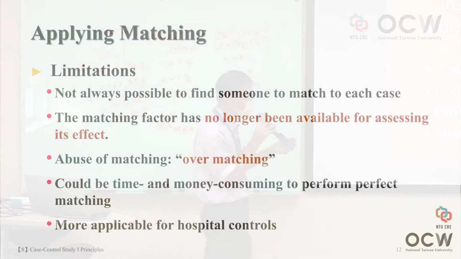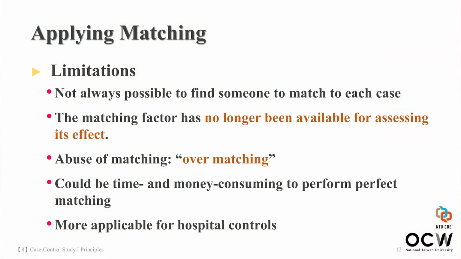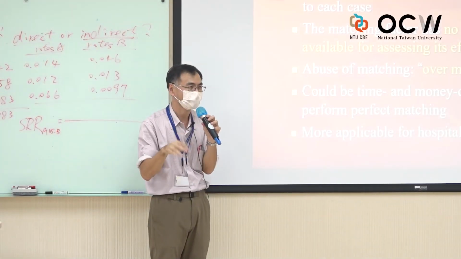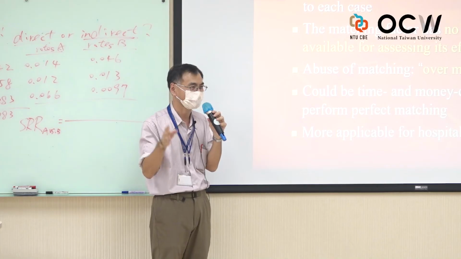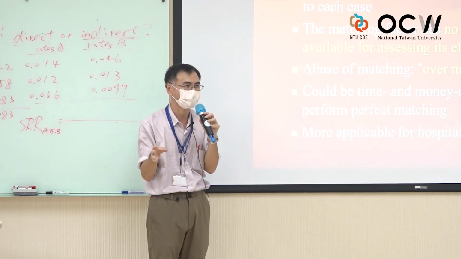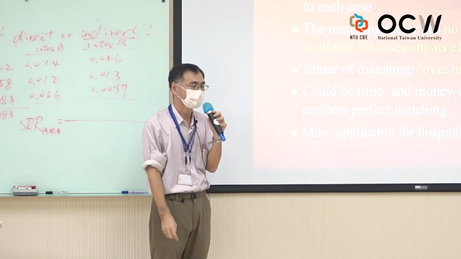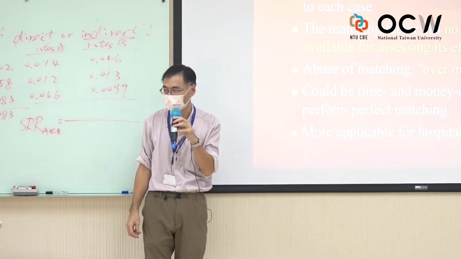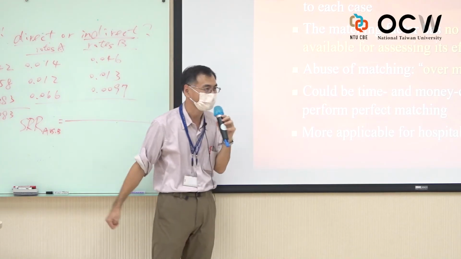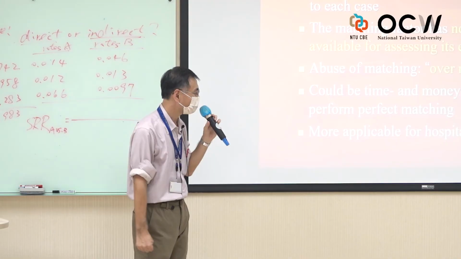It's more applicable for hospital controls because you have the medical records. And now it's a computer era, right? You could key in and search for specific people with specific characteristics as the potential list of controls. So it's possible and more applicable to find a match for controls.